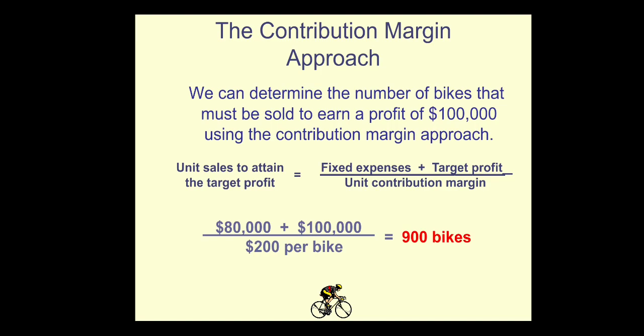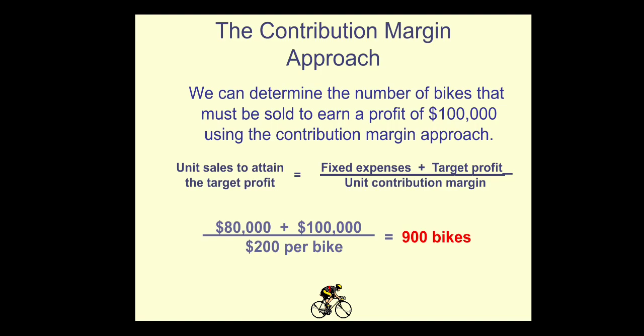The equation: unit sales to attain target profit equal to fixed cost plus the target profit divided by unit contribution margin. So the formula equals 80,000 fixed cost plus the target profit of $100,000 divided by the unit contribution margin of $200 per bike. So the answer is 900 bikes.